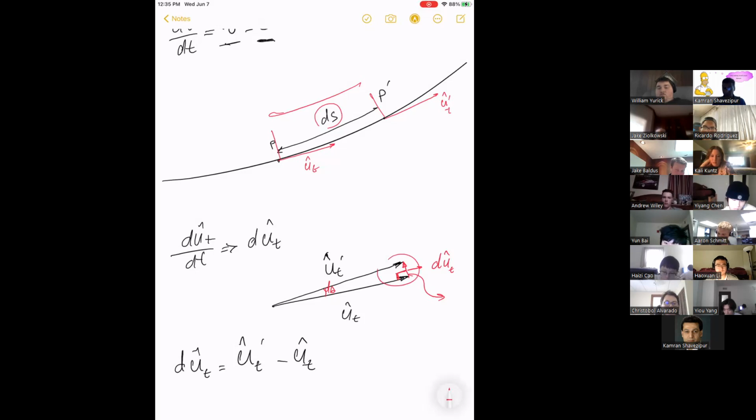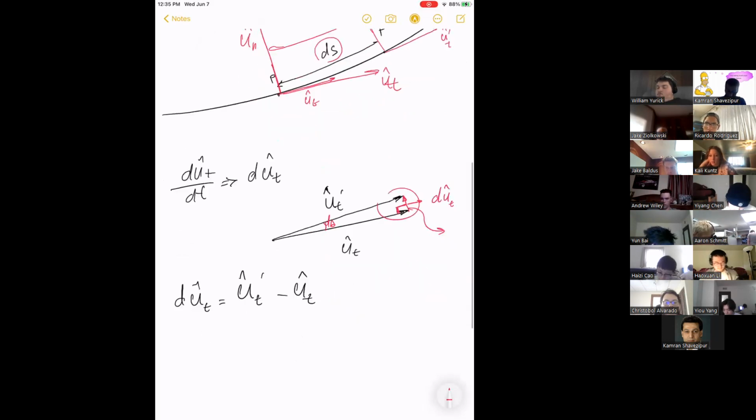Now, if this becomes 90 degrees, which direction does this show? If this is ut, what is this direction? Look at your notes. We called it un, right? Normal direction. So technically, this guy becomes a vector in un direction.